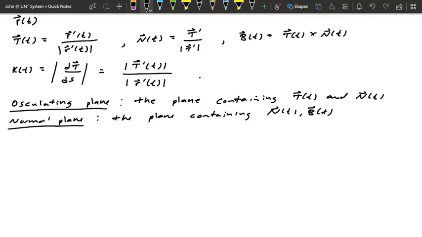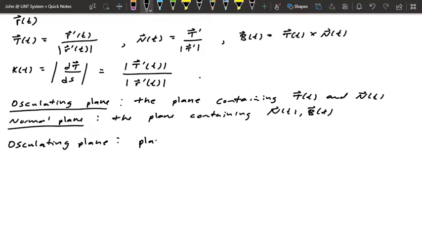And similarly, the normal plane contains the point corresponding to r(t), and because it contains N and B, and the vector T is orthogonal to N and B, the normal plane can be described as the plane containing r(t) which is orthogonal to T. Because when we're trying to describe planes, the equation that we use is described using a point on it and a vector orthogonal to it.